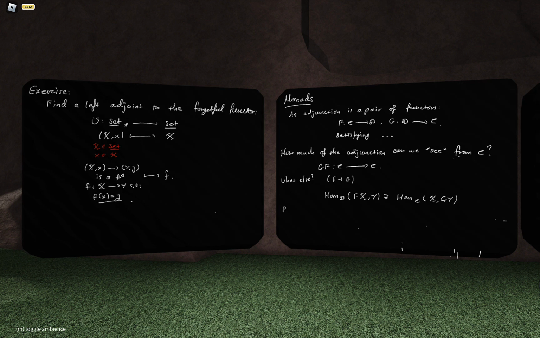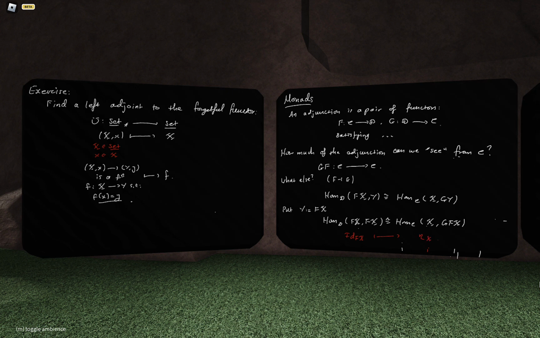So in particular, we can set y to be Fx. And then one side of this bijection has a special element inside it. So Hom(Fx, Fx) is in bijection with Hom(x, GFx). Okay, and this has the identity element on Fx inside it. And so that maps to some special element. We're going to call this eta sub x.